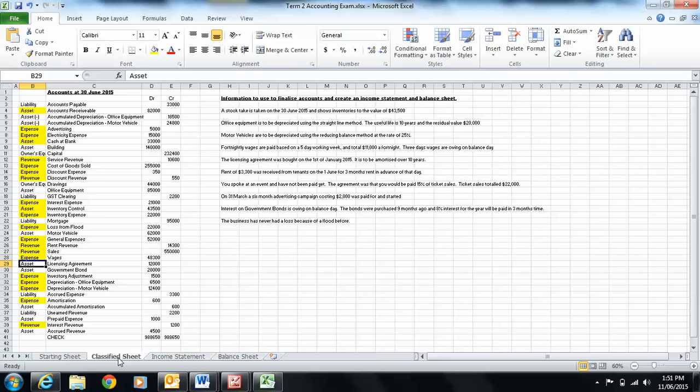The other assets are not going to be current assets. They're going to be considered non-current assets. However, prepaid expense and accrued revenue are both going to be considered current assets.